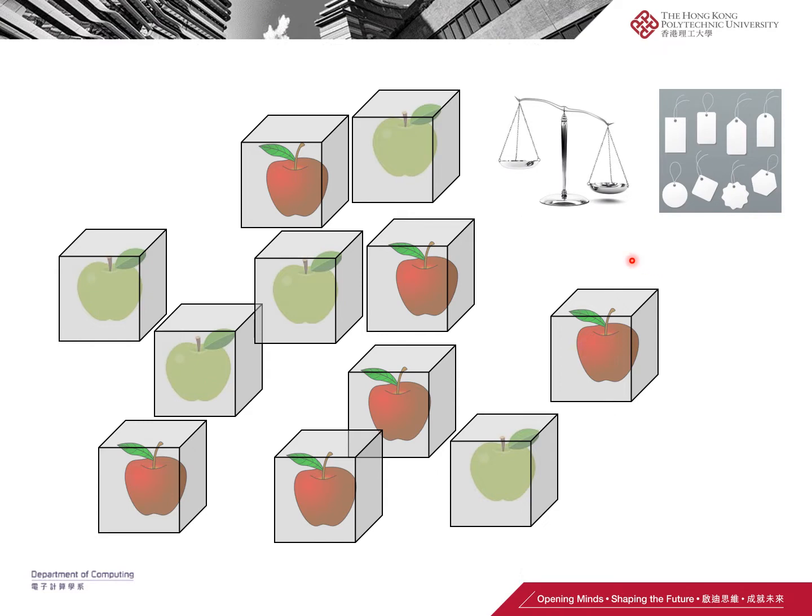For example, we can weigh the box, and there might be some text on the box giving some information we need. Anyway, we can try our best to guess, and we can even open some of the boxes to see if it's a red apple or green apple.